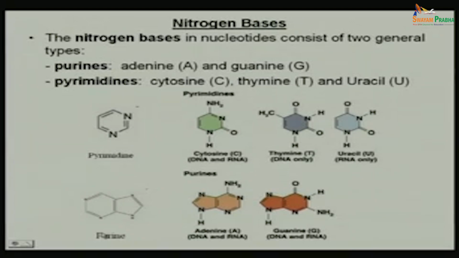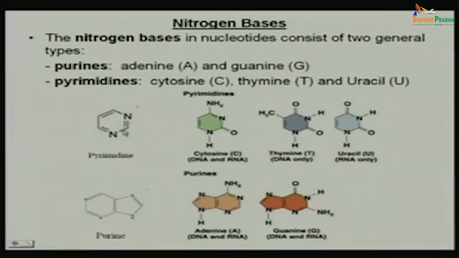Now, if we go further into the derivatives of purine and pyrimidine, we find that adenine and guanine, A and G, the purine derivatives, are present in both RNA and DNA molecules.